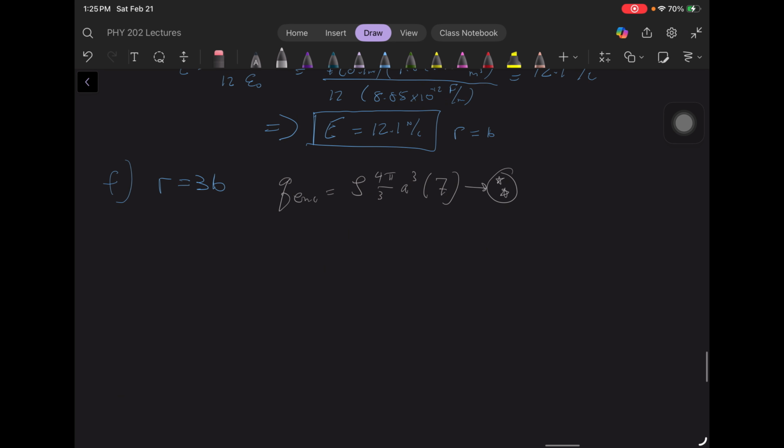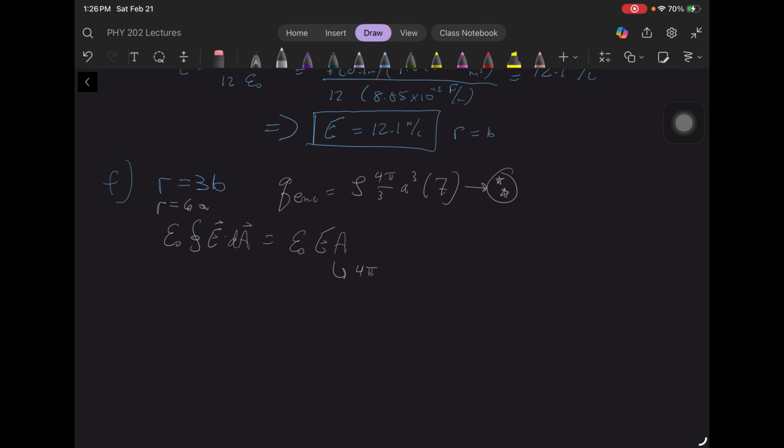And then on the left-hand side, we have epsilon naught integral E dot dA is equal to epsilon naught EA. And here, A is going to be 4 pi r squared. r is 3b. b is 2a. So r is 6a.